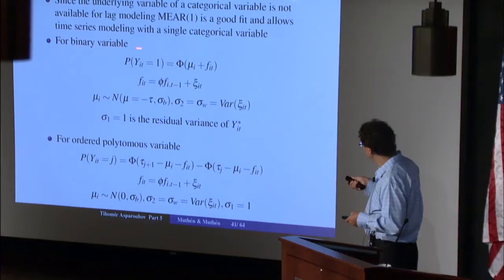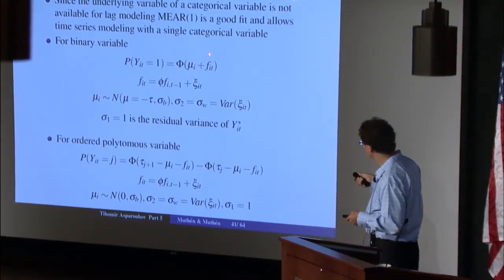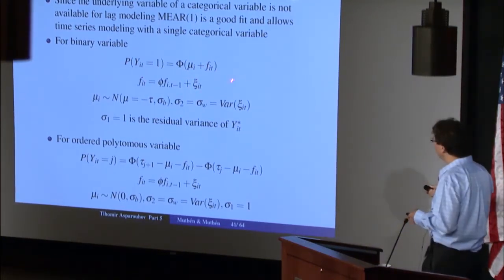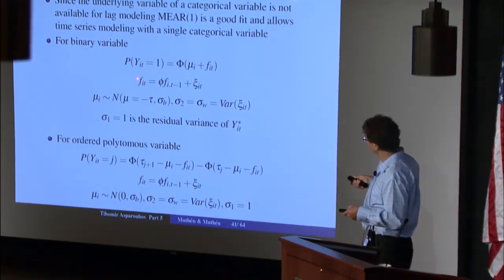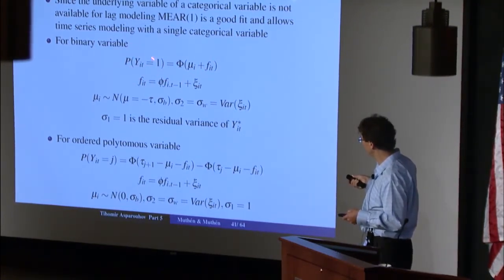So if you have a single binary variable, the MEAR1 model basically will be this. This will be the between random intercept, and you also have this factor that's measured by the y star variable, the underlying continuous variable, and then you have the residual that's fixed to 1. And then this factor has its own autoregressive equation, and because of this equation, you're building a time series model for that binary variable.